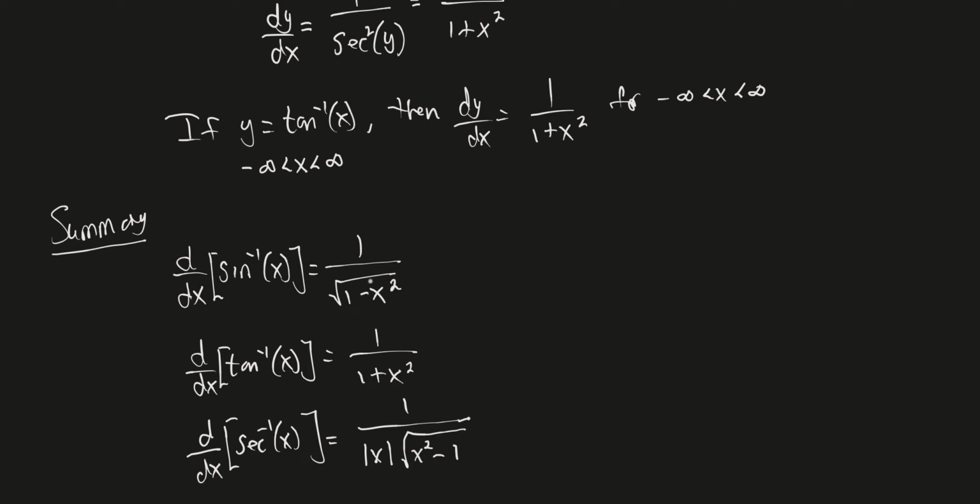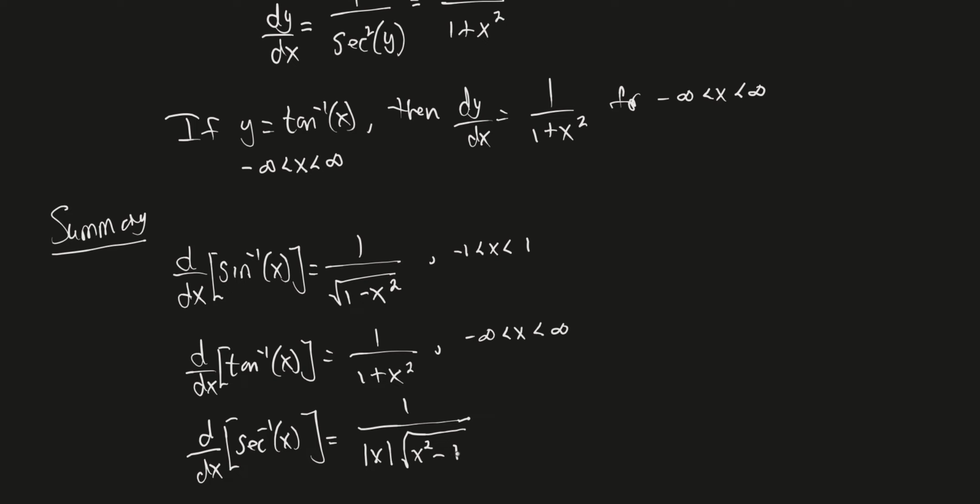Now, for what values of x are these derivatives well defined? Well, this one, as we said earlier, is valid for all values of x strictly between plus or minus 1. This one we stated earlier is valid for all real numbers.